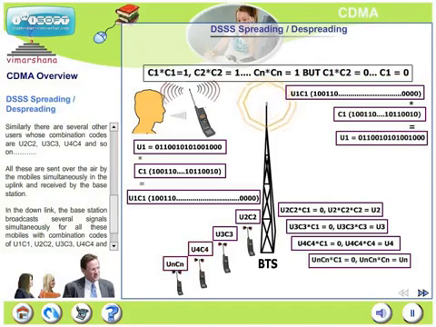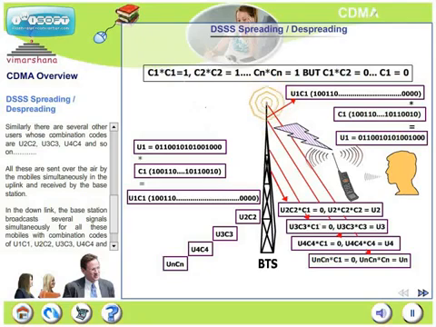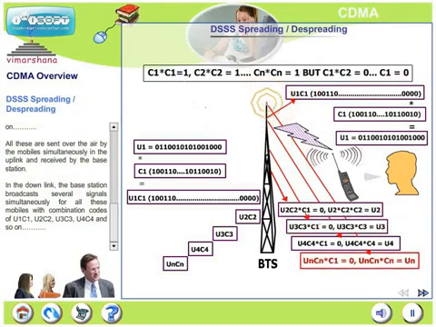All these codes are sent over the air by the mobiles simultaneously in the uplink and received by the base station. What happens in the downlink? In the downlink, the base station broadcasts several signals simultaneously for all these mobiles with combination codes we have seen earlier, such as U1 C1, U2 C2, U3 C3 and so on.